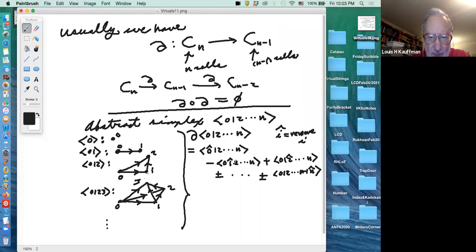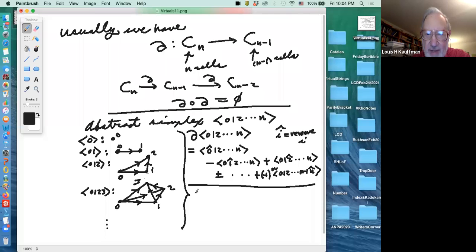Now, is it plus or minus 1? Well, it's minus 1 to the index, isn't it? If it's even, it's plus. If it's odd, it's minus. And n was the one we removed. So at the end state, it'll be minus 1 to the n. Okay?